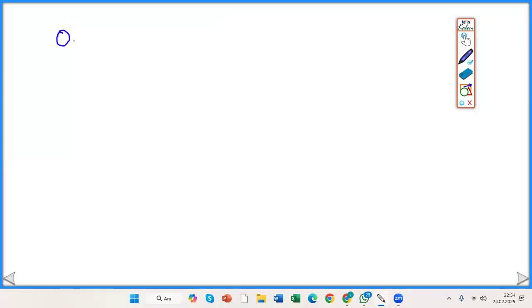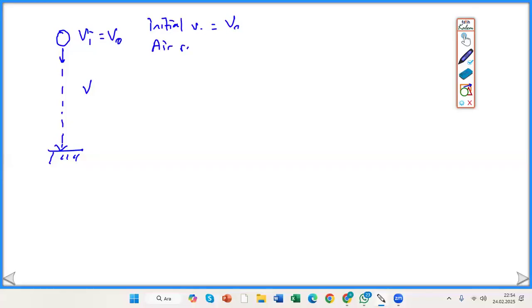Right now there is another ball falling down, but it has an initial velocity v0, and during the motion it gains velocity as it is falling down. Once again, air resistance is negligible.